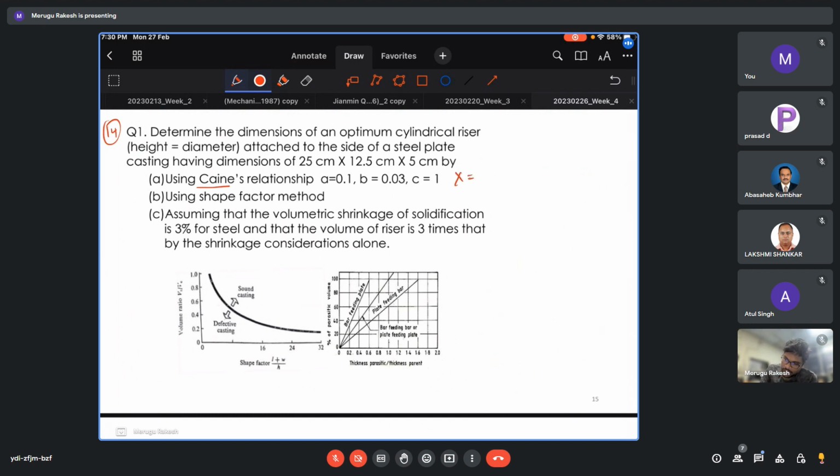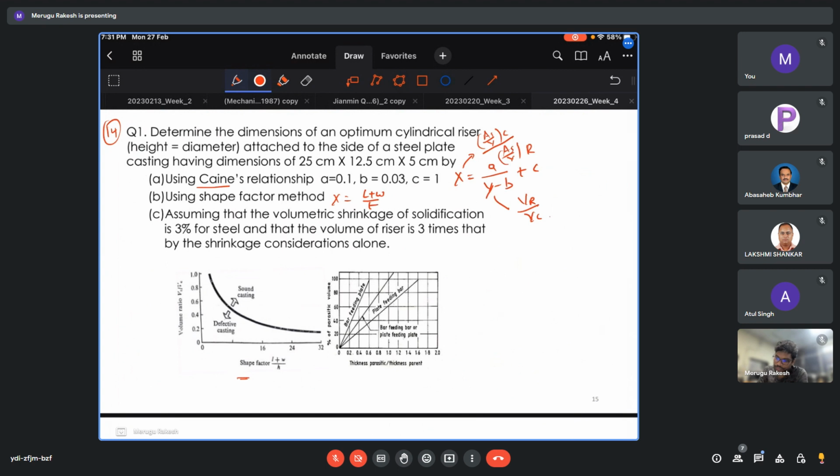That is x is equal to a by y minus b plus c, and this x is just the freezing ratio, that is the surface area by volume of the casting divided by the surface area by volume of the riser, and y is nothing but volume of riser by volume of casting. And using the shape factor method, we have x is L plus W by T. This is what is given here.